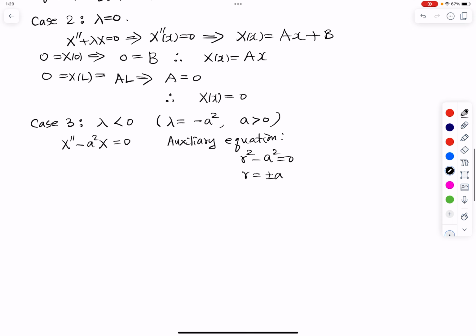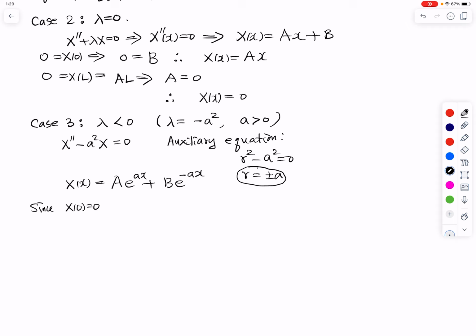So with this root of the auxiliary equation, the general solution of the ODE would be a e to the ax plus b times e to the minus ax. Then our conditions X(0) equals 0, X(L) equals 0 give a plus b equals 0.